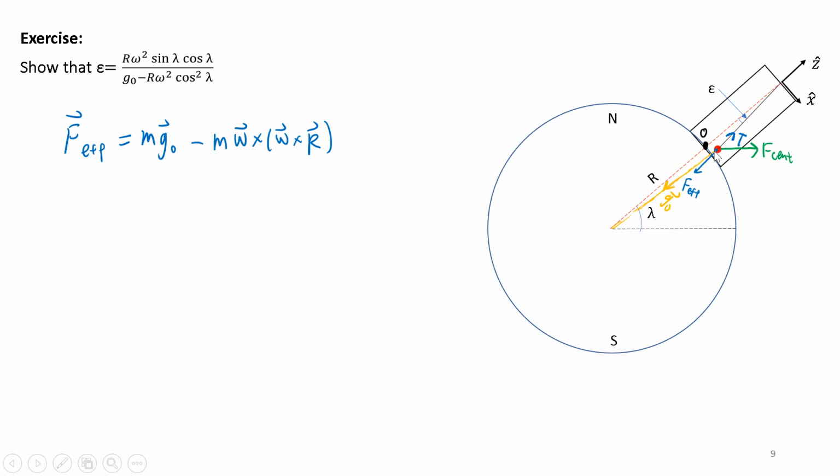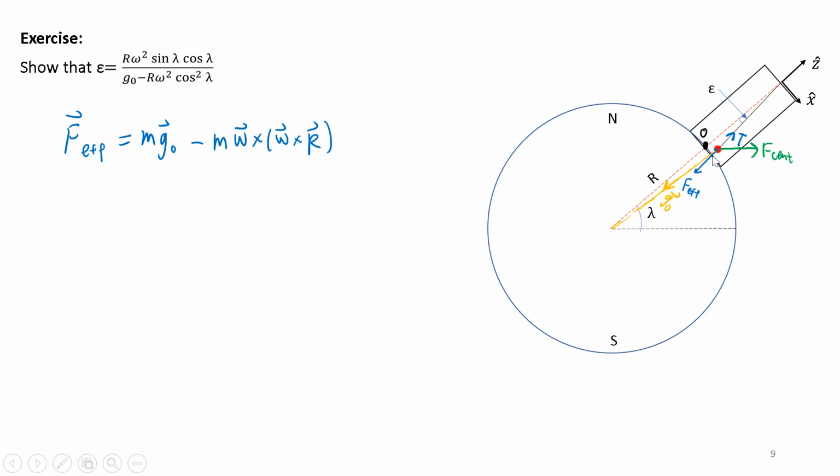It will not be exactly along the z hat, as you can see, because this one by itself is also not parallel to the red dashed line.